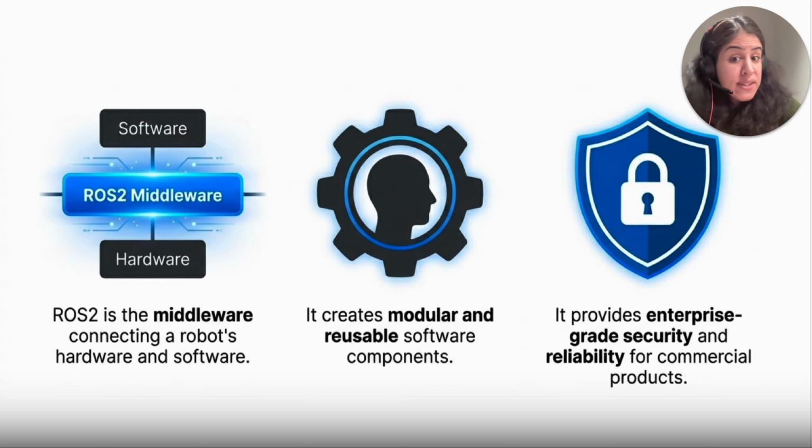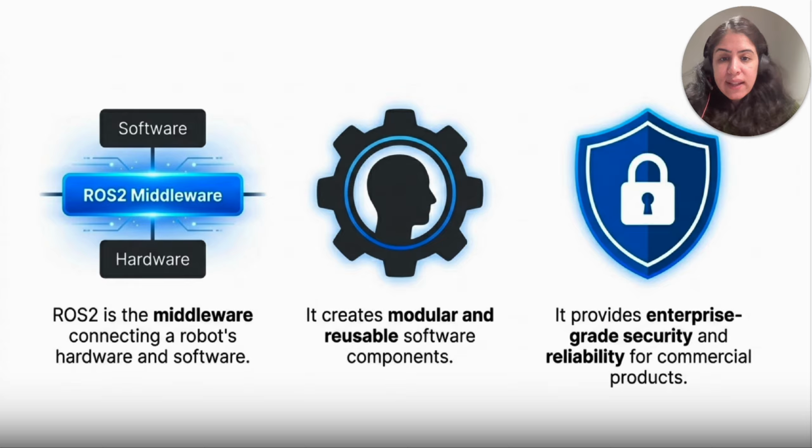For business leaders, product managers, and program managers, understanding ROS2 really helps you make informed decisions about robotics projects. It helps you evaluate, let's say, vendors and build the right teams. So when a robotics company tells you that they are using ROS2, you know what that really means and why it might be a good sign.